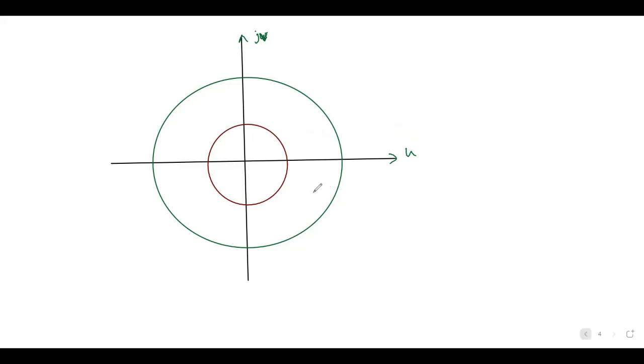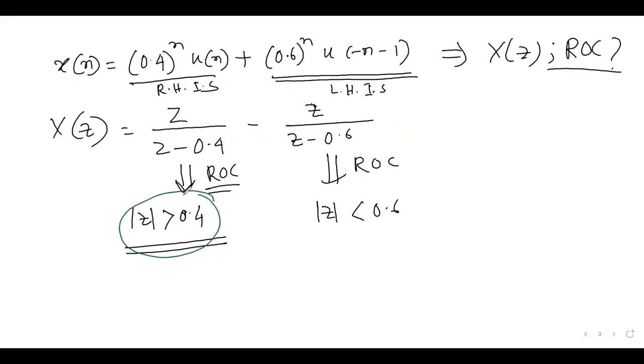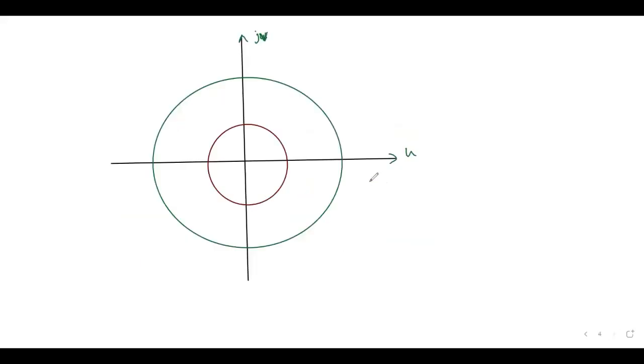For the first expression, the ROC is greater than 0.4, and for the second expression, the ROC is less than 0.6. That means our region of convergence is this region.